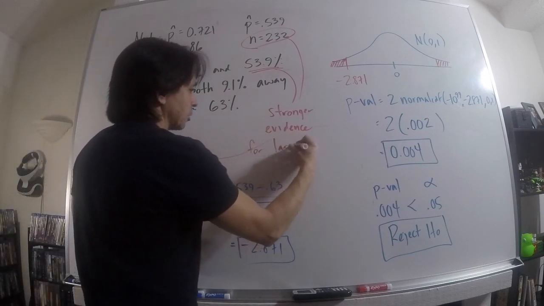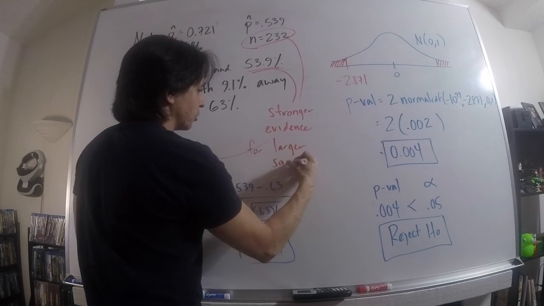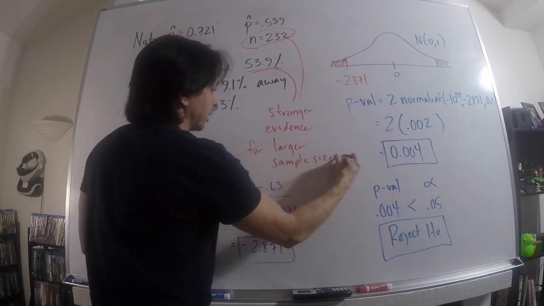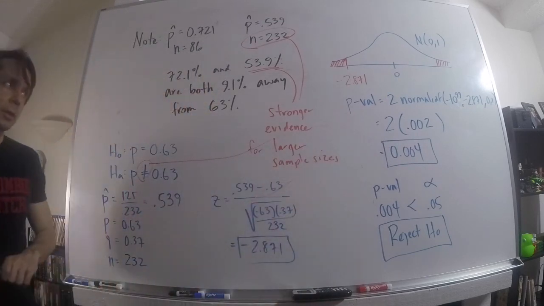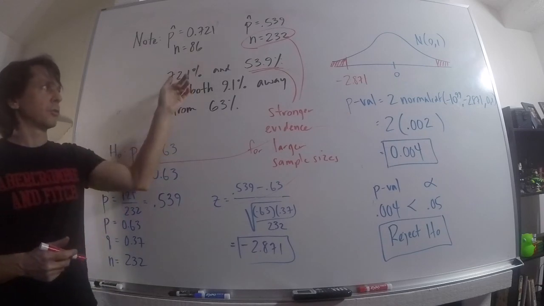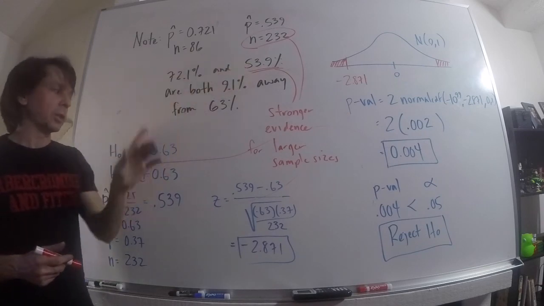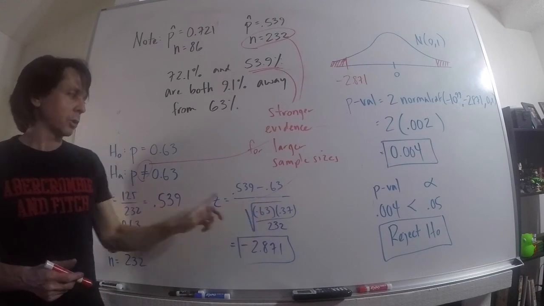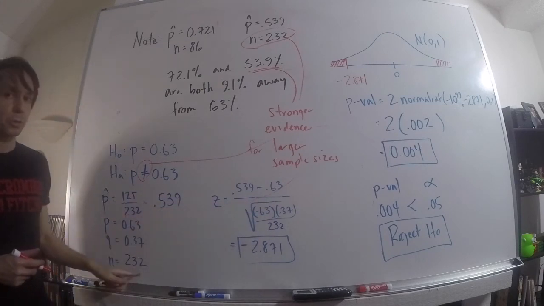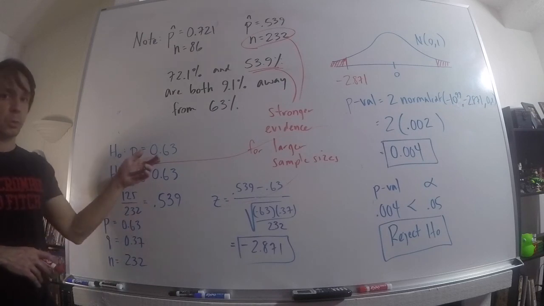So you generally get stronger evidence for larger sample sizes, which is why you want to take larger sample sizes ideally. So that's just a note that this percentage doesn't really tell you. It's a percentage relative to your standard deviation, which is determined by your sample size. So the sample size makes a difference on what is considered far enough away from 63%.